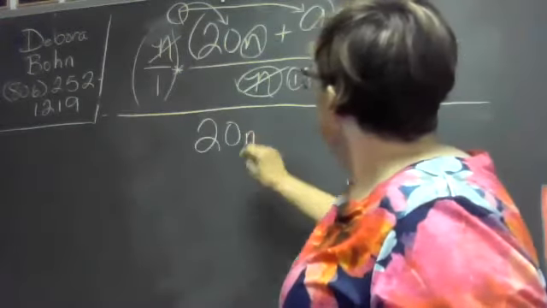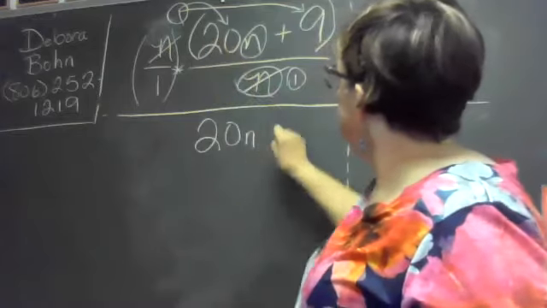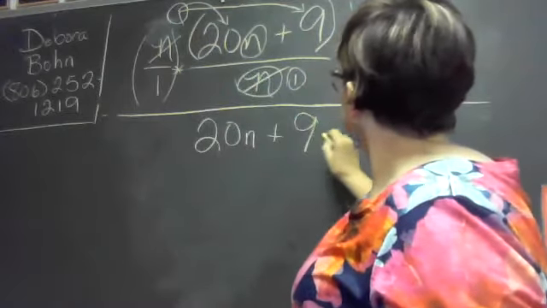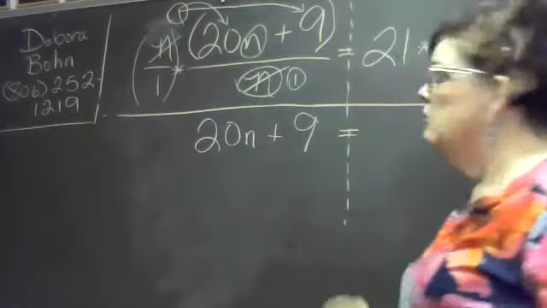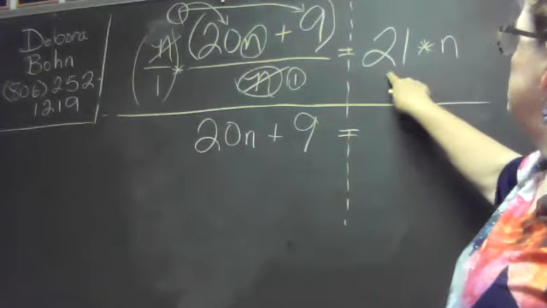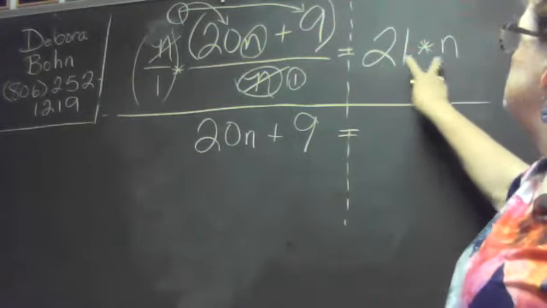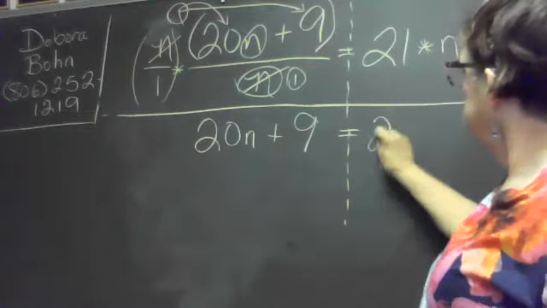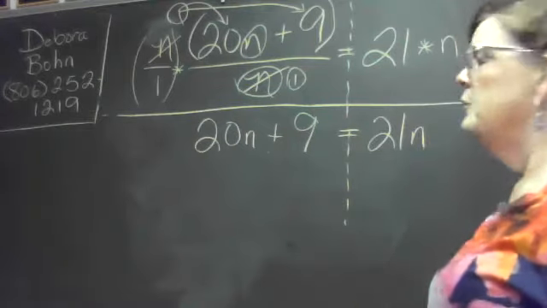So 1 times 20n is 20n plus 1 times 9 is 9 equals, and over here, pretty easy. And remember, we said it can be 21n or it can be n21 because multiply can switch. 21n.